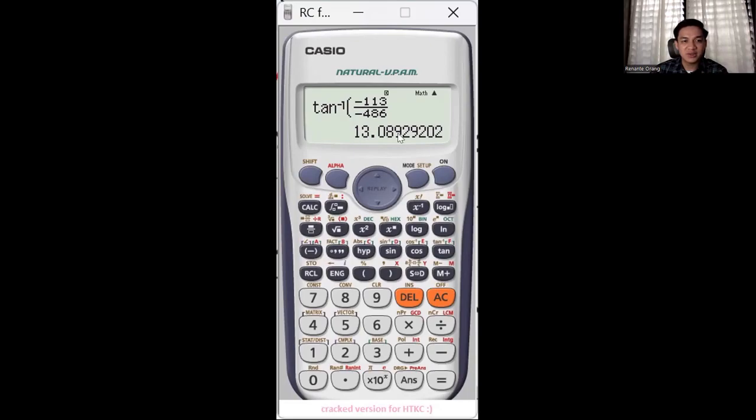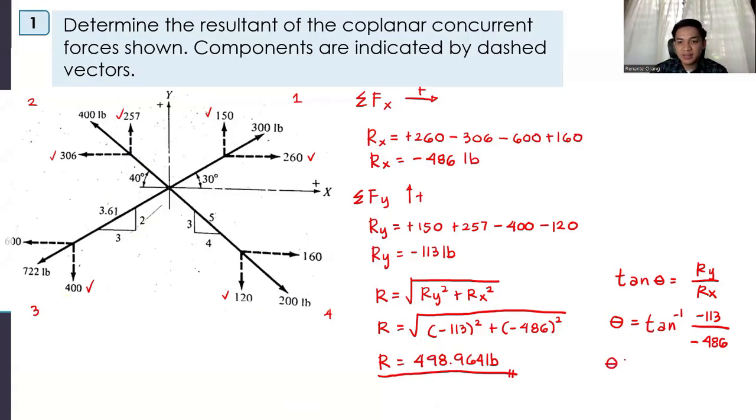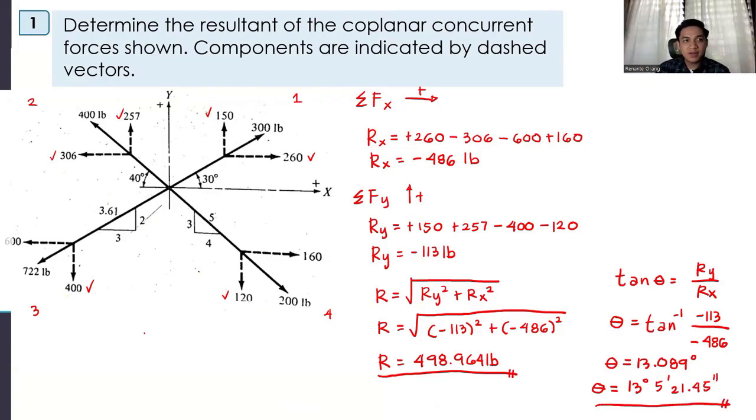But what if wala siya sa choices class? So pindutin lang natin tong degree, minutes, and seconds. Magiging 13 degrees, 5 minutes, and 21.45 seconds. So angle theta is equivalent to 13.089 degrees. Or pwede ding the angle theta is equivalent to 13 degrees, 5 minutes, and 21.45 seconds. Final answer.